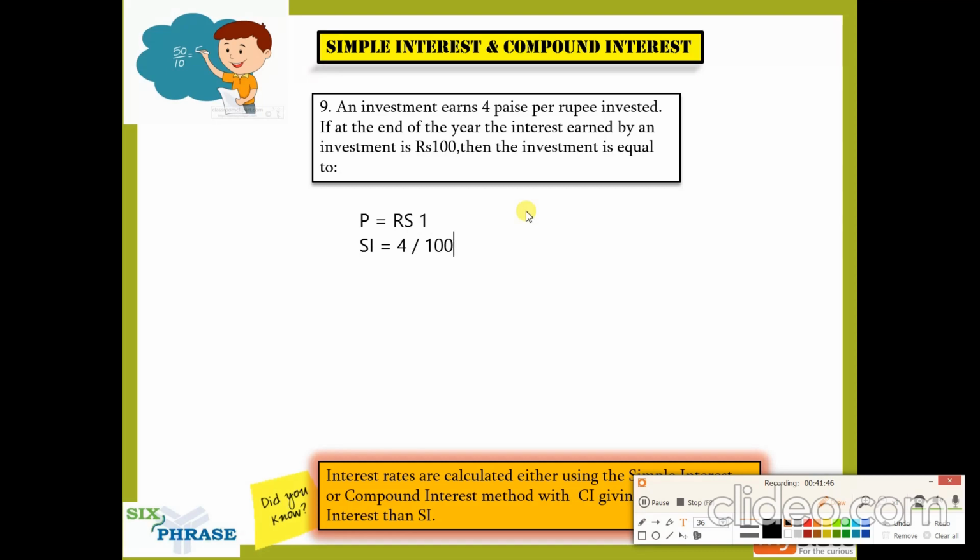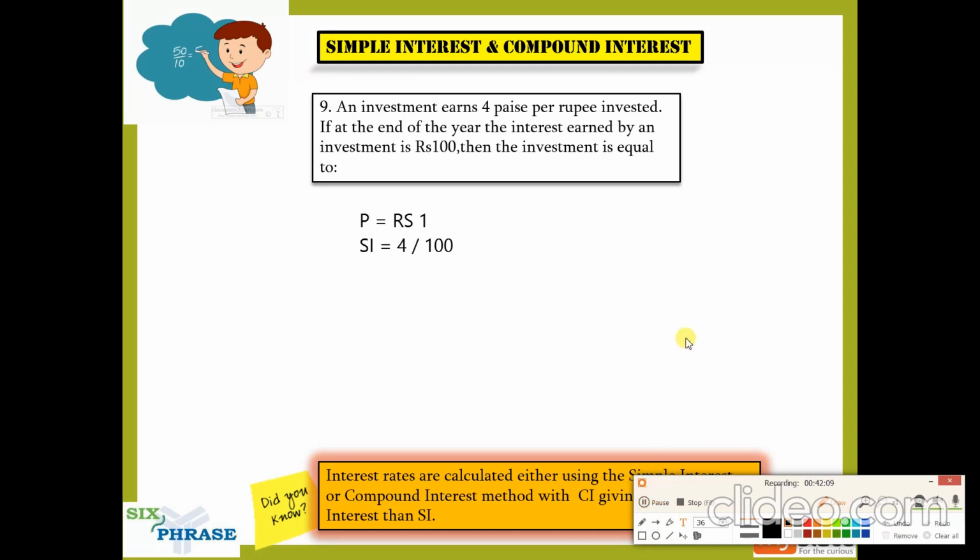If at the end of the year the interest earned by an investment is rupees 100, then the investment is equal to. This is very simple. You guys know this chain rule.